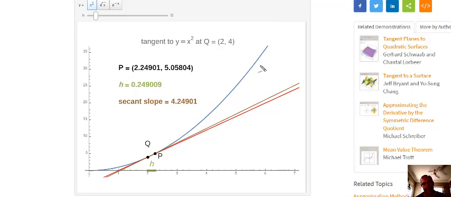Now, the trouble is that the run will be 0, because when we bring these points together, the run is the x distance, the distance horizontally on this diagram, and it's 0. You can't divide by 0, so there's a problem there. Wonder if there was another way, and that's what we're going to learn as we go through this unit.